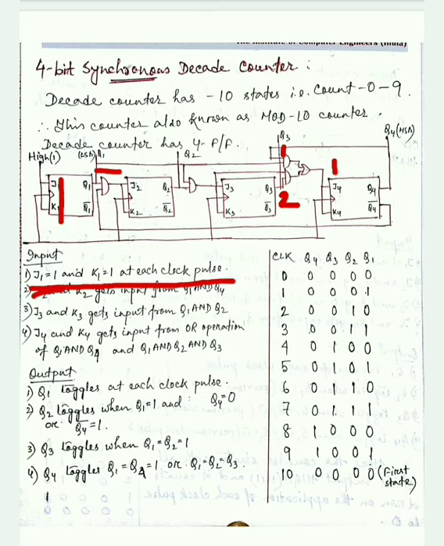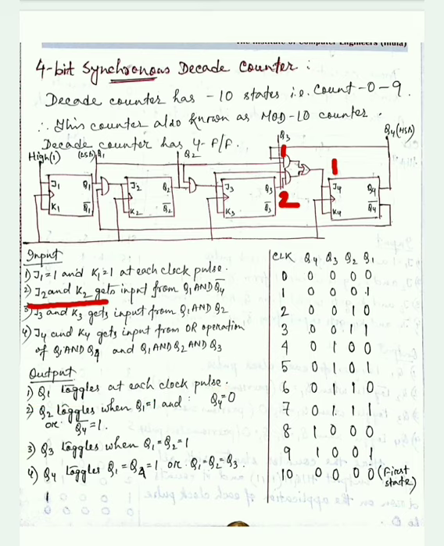This input will get 1 at each clock pulse. For that reason, Q1 always toggles at each clock pulse.